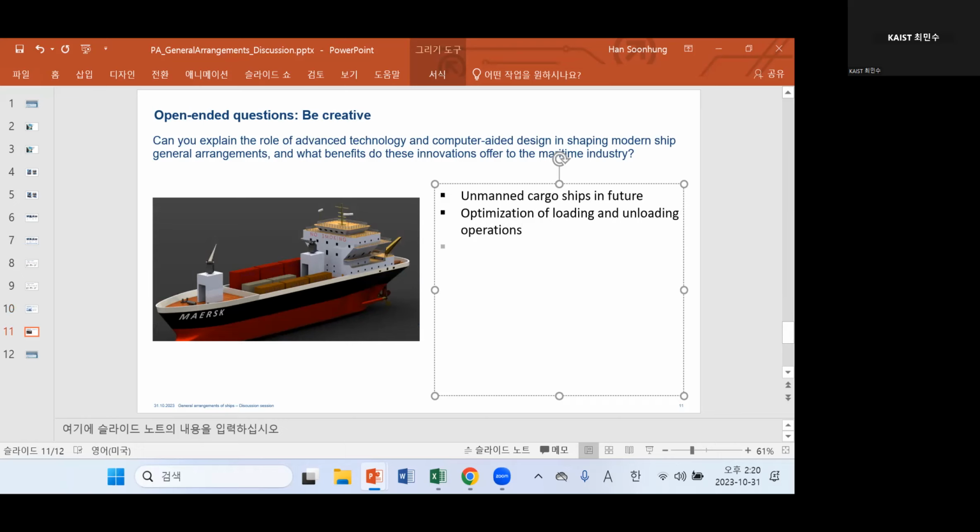Maybe also modification of the general arrangement of the ship to allow more space for a computer room. Yeah. Alternative fuel sources requiring less storage for fuel. Very good. Yeah.